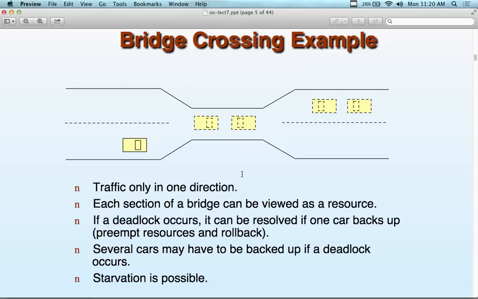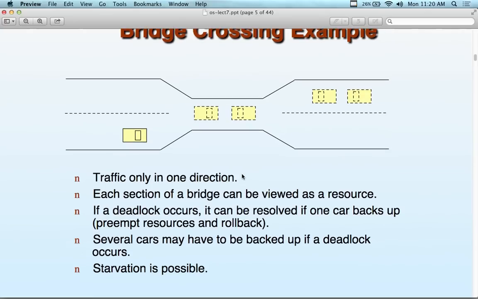And then when it happens, we can correct it. Try to roll back, or this is a correction technique here. Or we could just let it happen and hope that it never happens. So most operating systems just let this happen and then hope that it never happens.